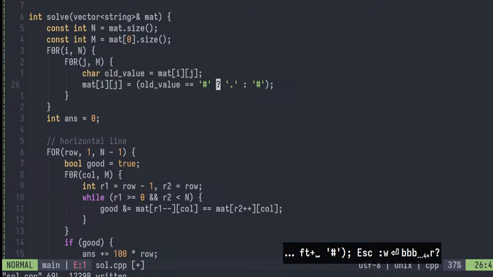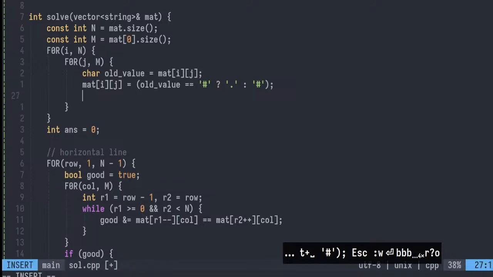Okay, and for now, let's say this returns the count of horizontal lines found.